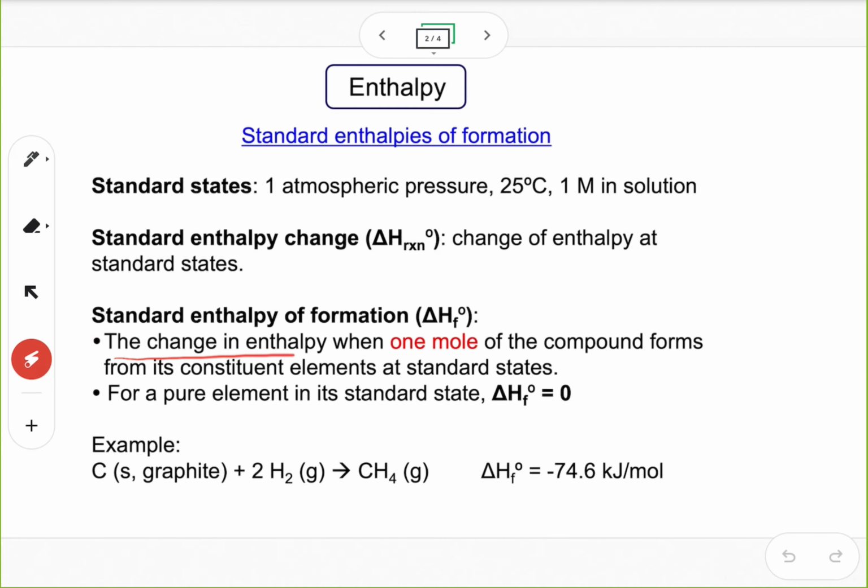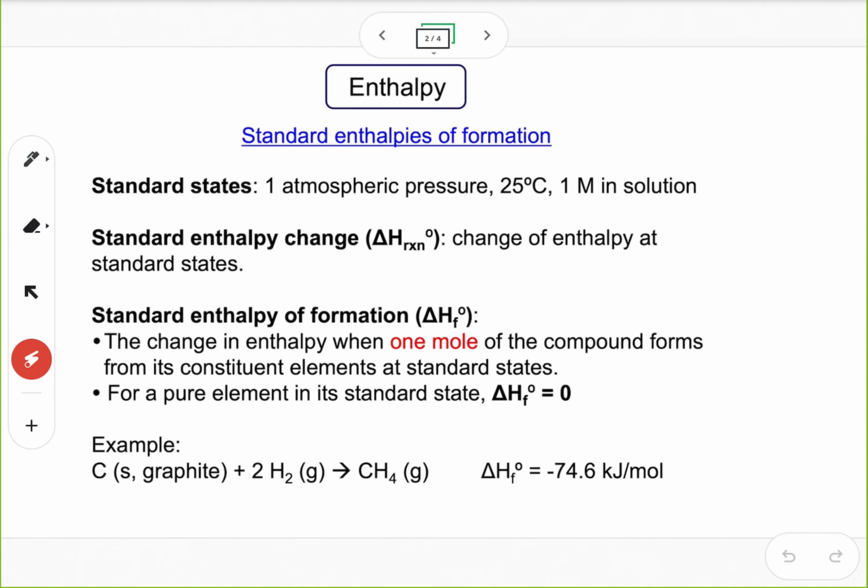The change in enthalpy when 1 mole of the compound forms from its constituent elements at standard states. It's quite long, but let's use this example to show you how we define standard enthalpy of formation.